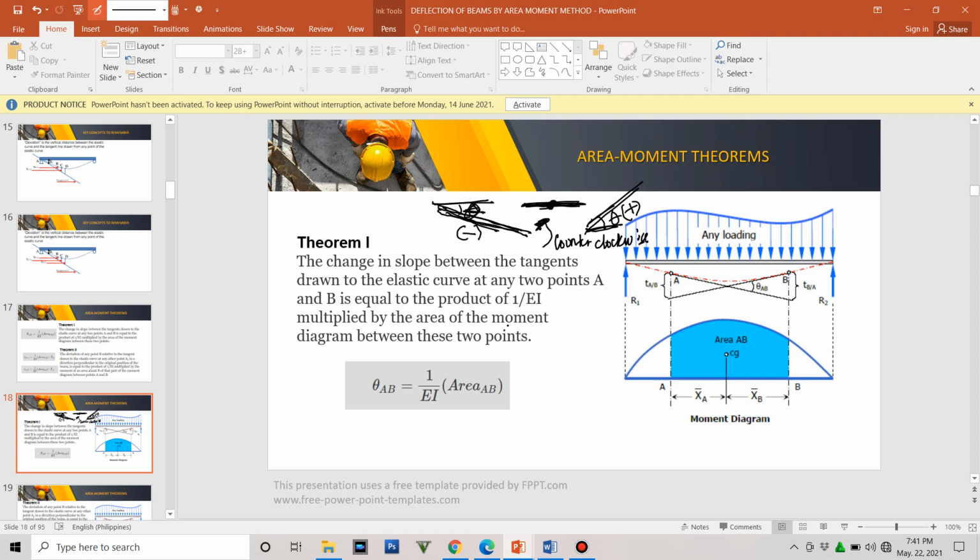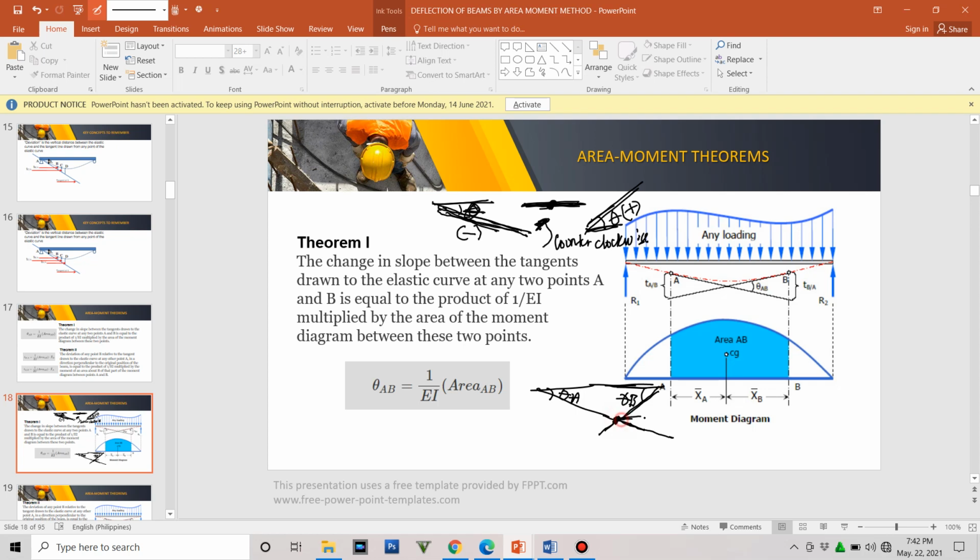Okay? So, ito, kapag nag-drawing kang pa ganyan, say this is theta A, and another deviation coming from the elastic curve, eventually, mag-intersect at a certain common point. Okay?